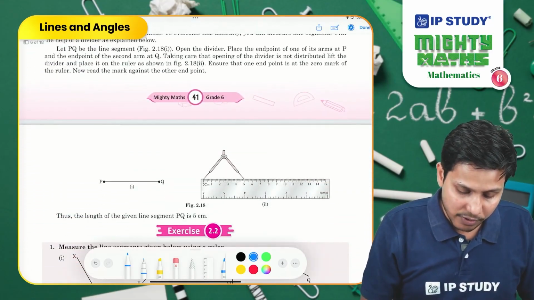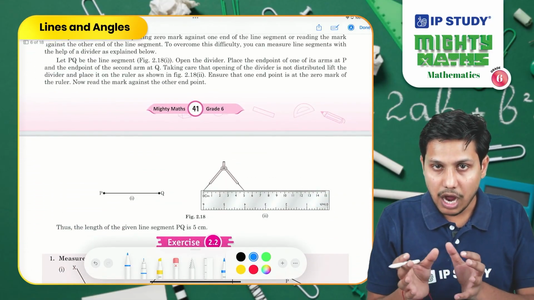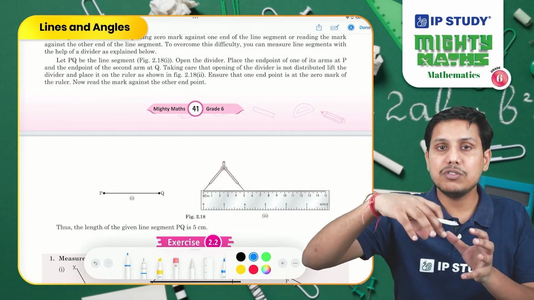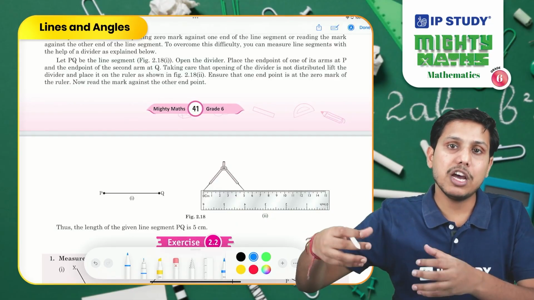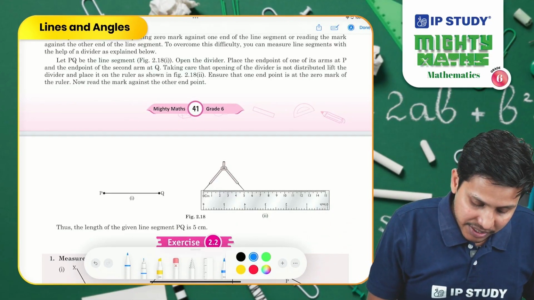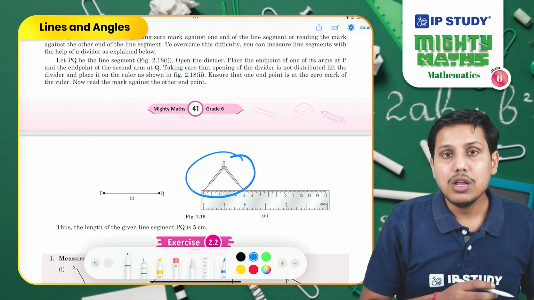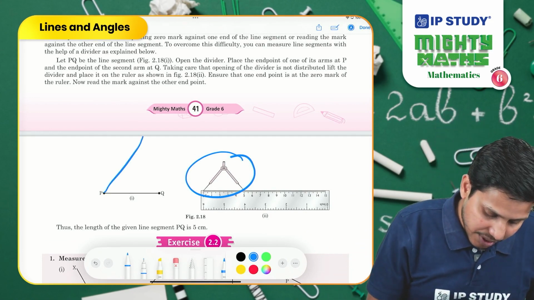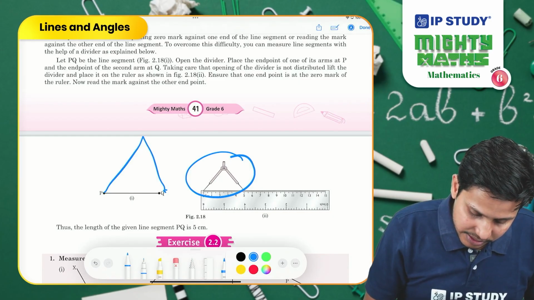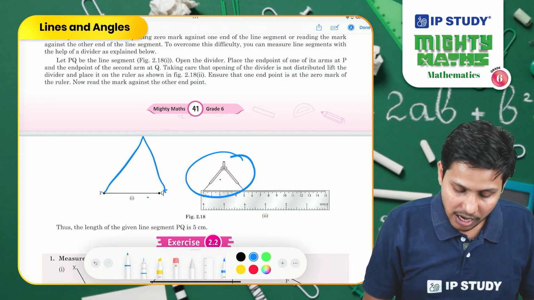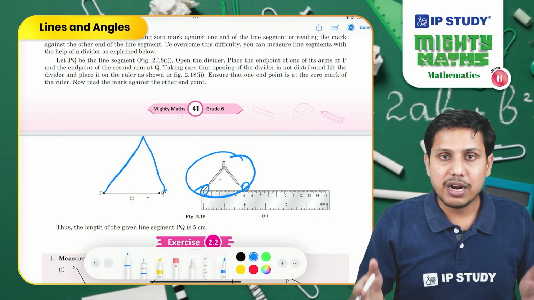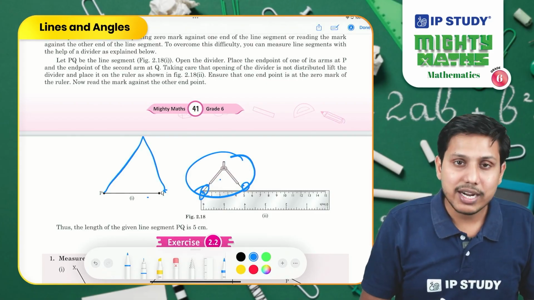For a divider, we have already understood how to measure by keeping it on the first line segment and then checking whether the second line segment is bigger or smaller. But now instead of that, we can use a ruler. How? Suppose we keep the divider over PQ. Now we can measure this length by keeping the divider against the scale, and we can see how the left part and right part of the divider are set apart, with the reference point as 0 centimeter.